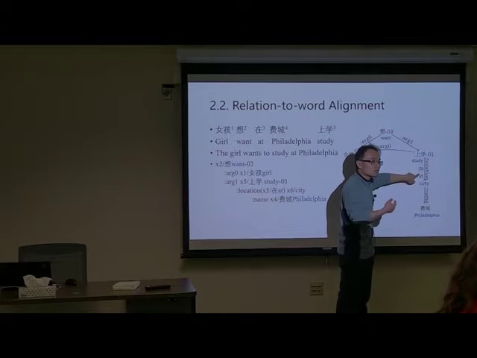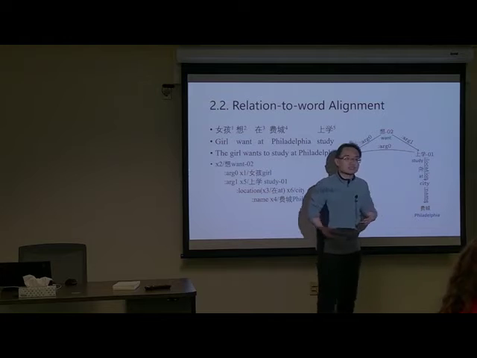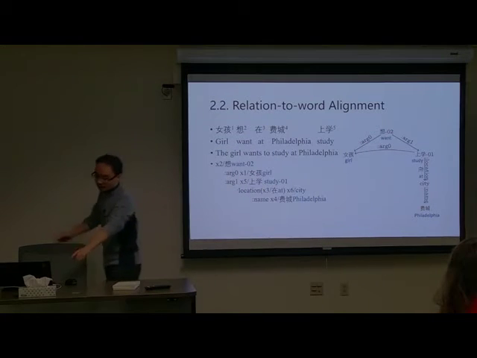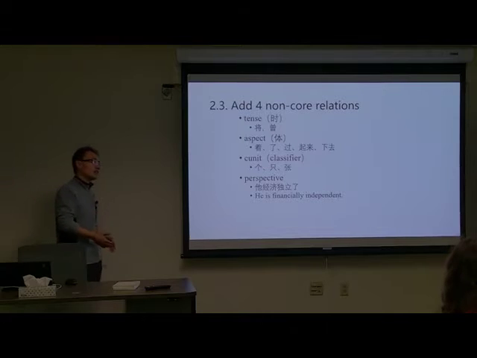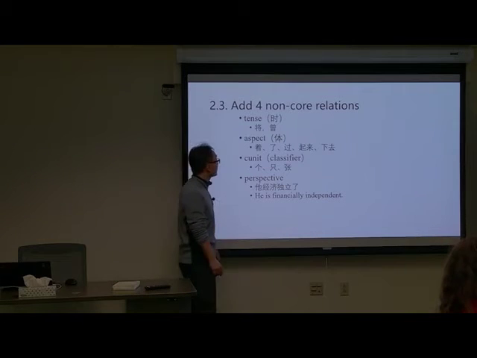Sometimes it's a concrete word, like a verb, and sometimes it's only a preposition. So we think this is very important. So we add concept and relation alignment to it.